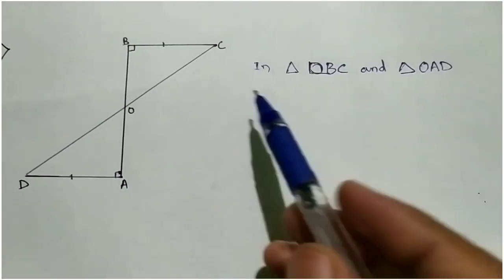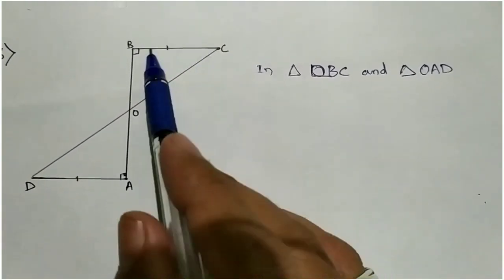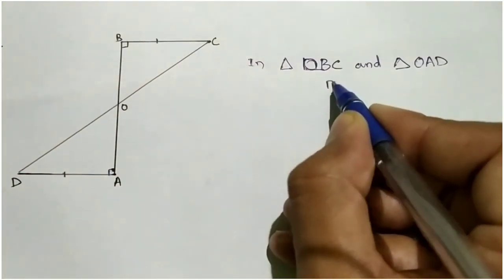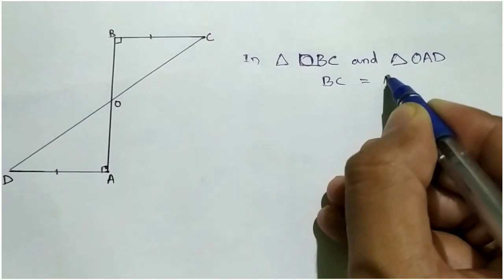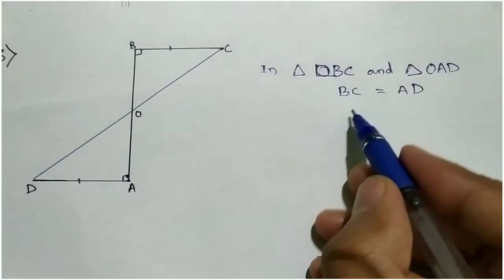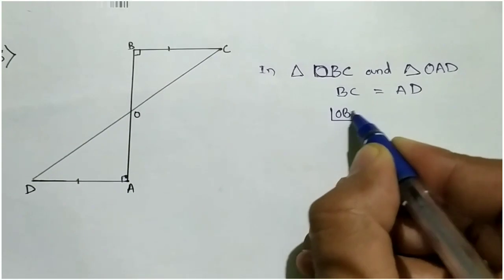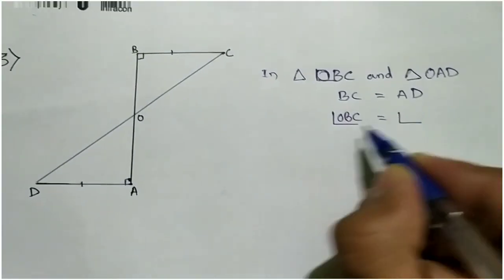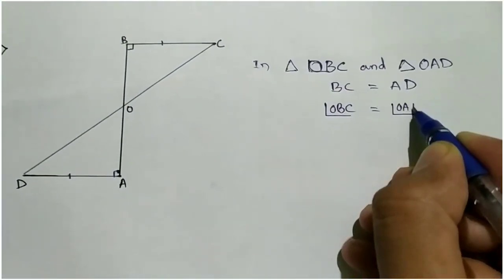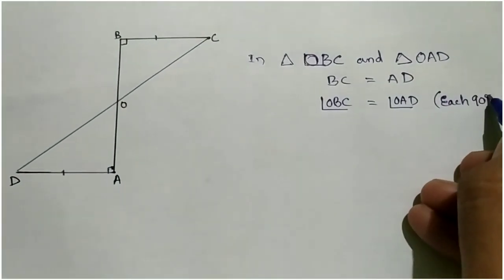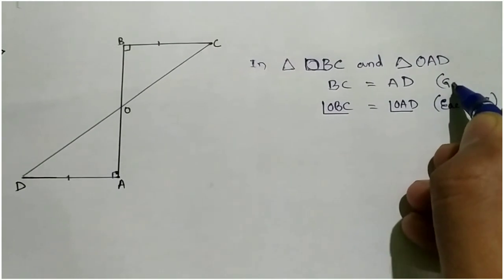First step, they given equal perpendiculars, those are BC and AD. BC equal to AD. Next they making 90 degrees. Write the angle OBC equal to angle OAD, each 90 degrees, and first one they given.